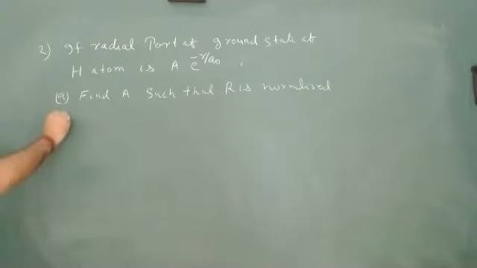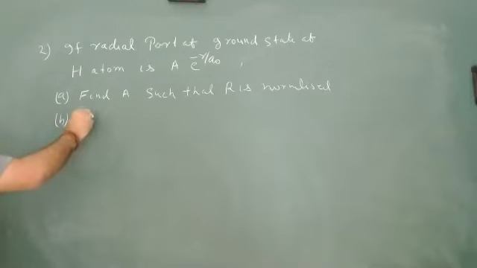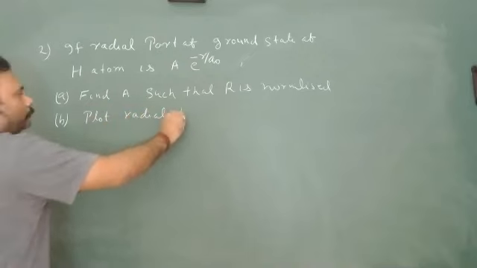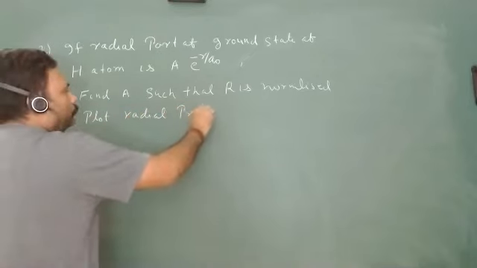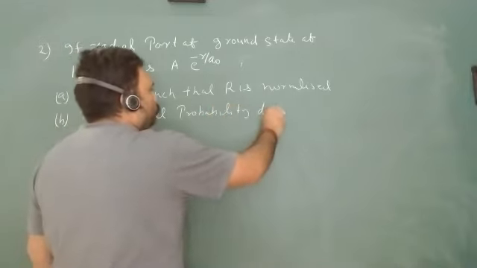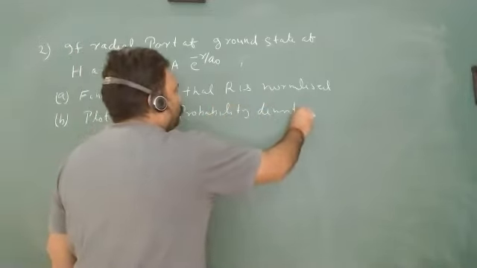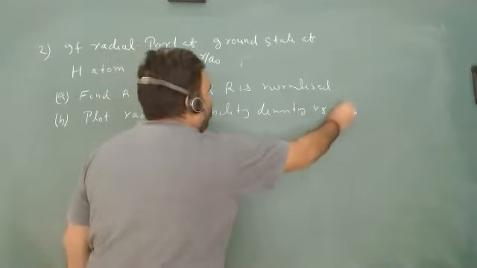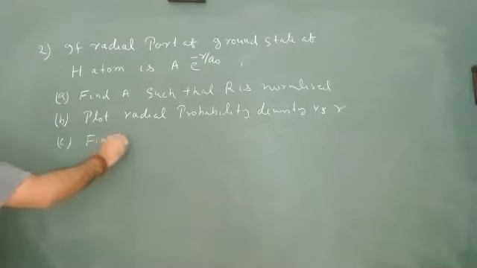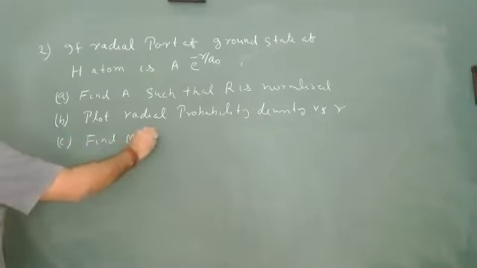B, plot the radial probability density versus r. And C, find the most probable distance.